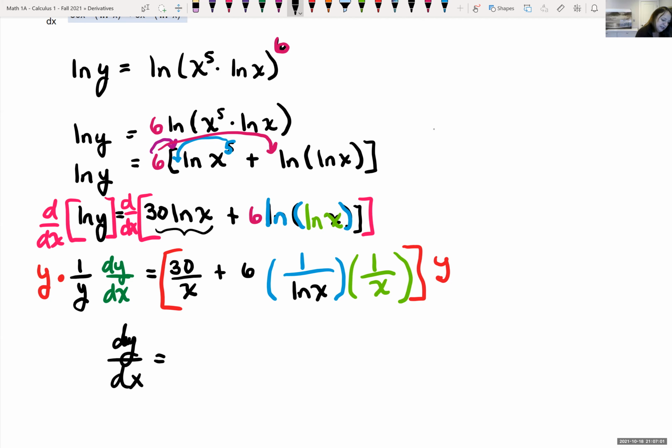Equals, let's see if we can clean this up. 30 over x plus, this is going to be 6 in the numerator, x, I'm going to put that in front, times the natural log of x, all times y. And y at our original was this.